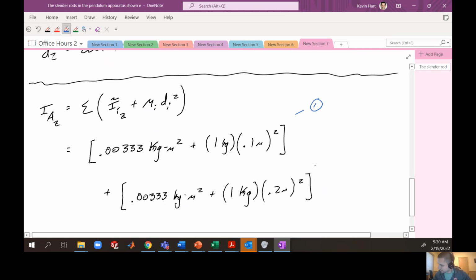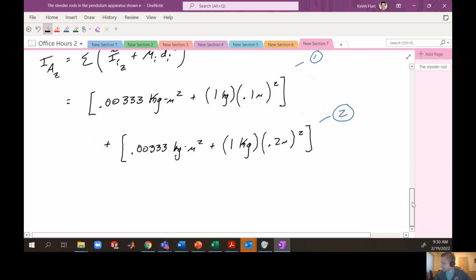So this here is for object 2. All right, so this is our full formulation, and you can plug in for yourself and you would find here that the total mass moment of inertia about point A, about an axis passing through the page, which is the z-axis, is 0.0567.